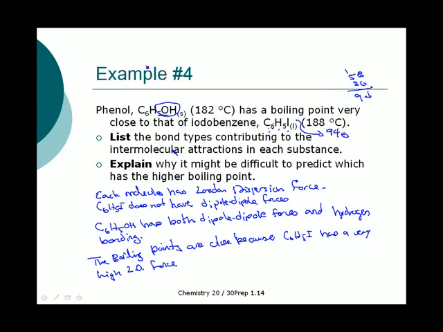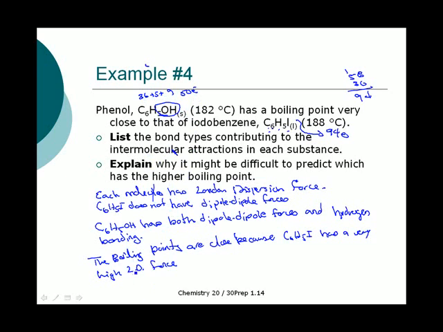If we look at phenol, we have 36 plus 5 plus oxygen has 8 electrons, and that hydrogen has another 1, so that's 9. So 36, 45, 50 electrons. So that would be the difference there.